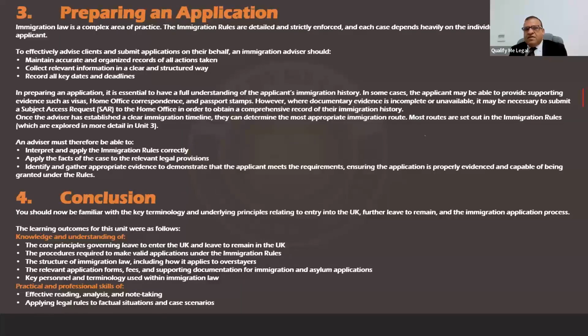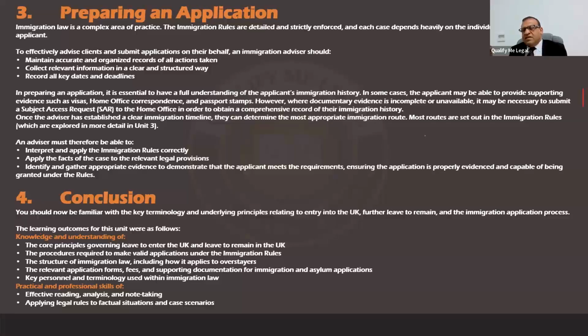However, each case depends heavily on the individual circumstances. Basically, I always ask the immigration advisors or those people who work in the profession not to follow the standard list of documents.